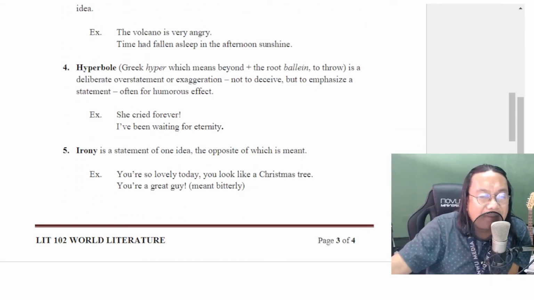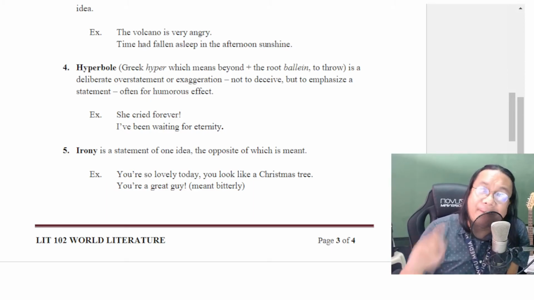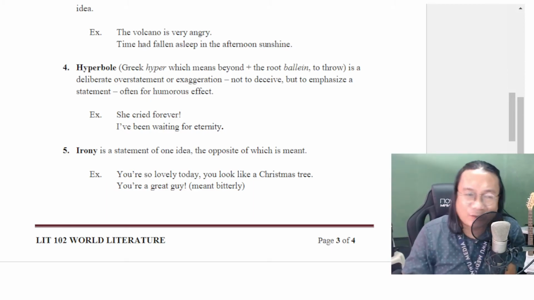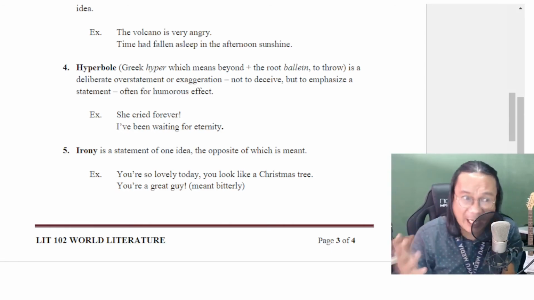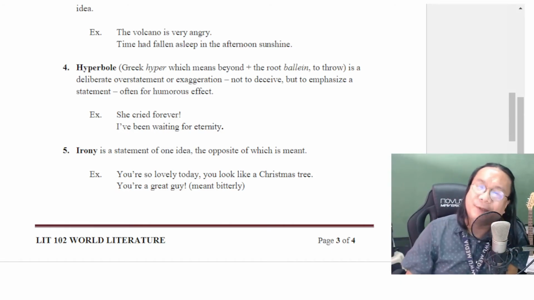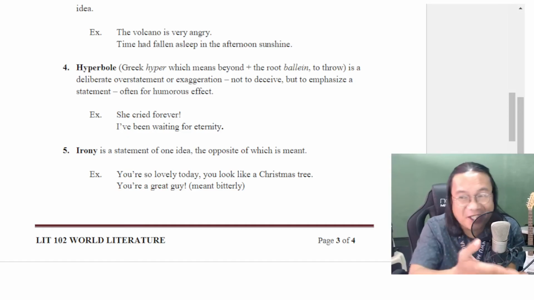Next figure of speech is hyperbole. From the Greek hyper, which means beyond, and the root bolein, or to throw. It is a deliberate overstatement or exaggeration, not to emphasize a statement but only for humorous effect, for bigla effect ba. For example, nako, habang buhay na yang lumuluha, or she cried forever.